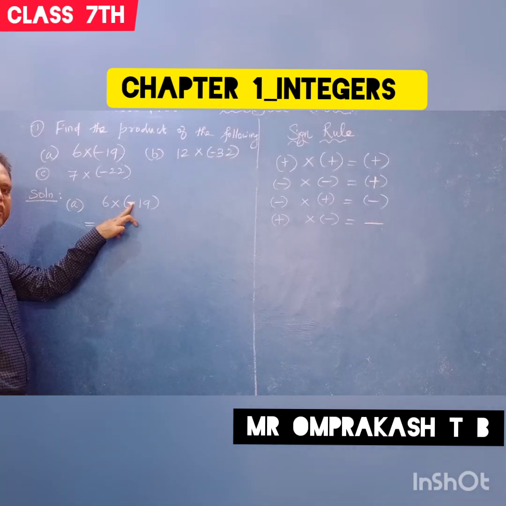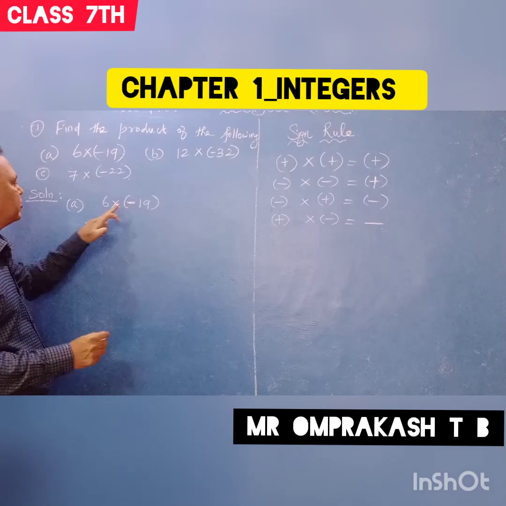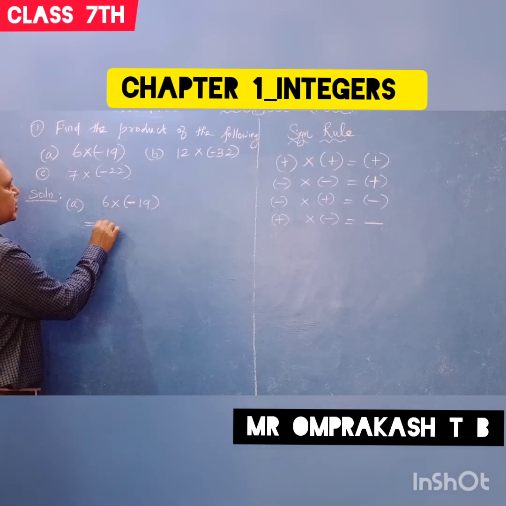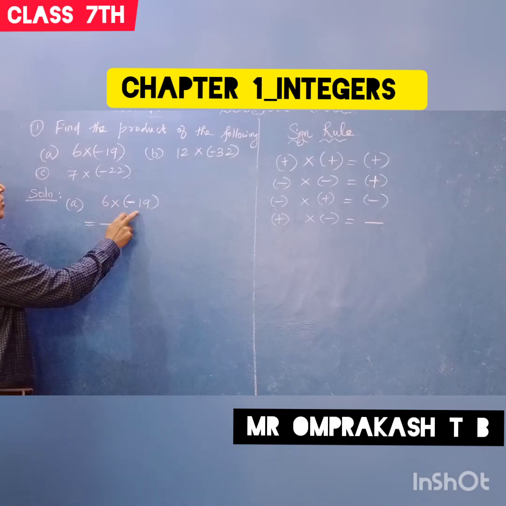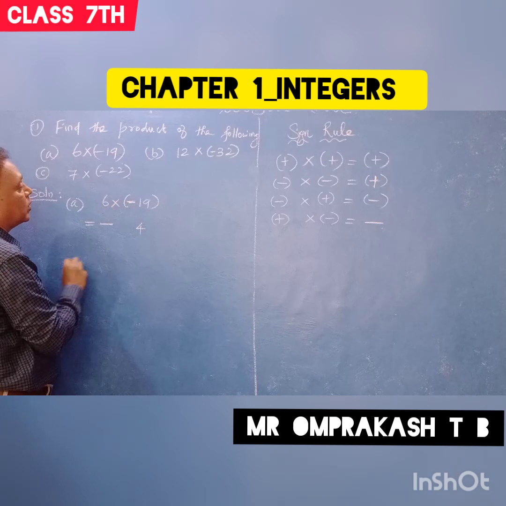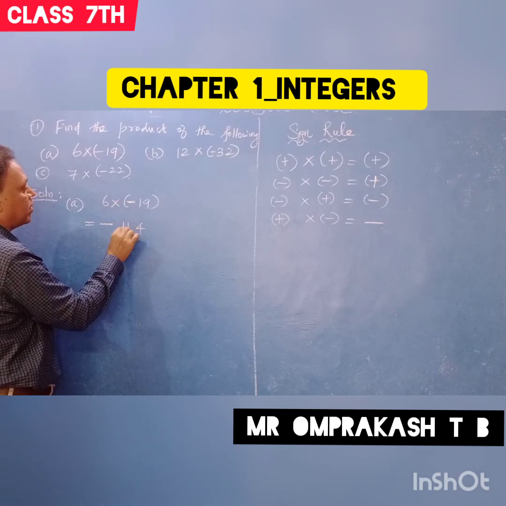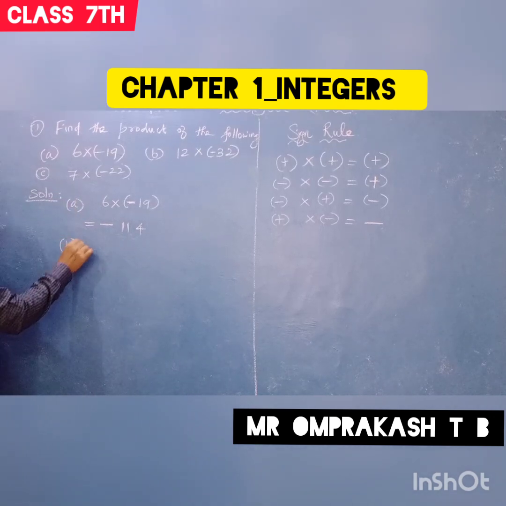First write the sign: while doing the product of integers, first multiply the sign. Plus into minus, minus you write. Now multiply the numbers. 19 into 6 is 114.